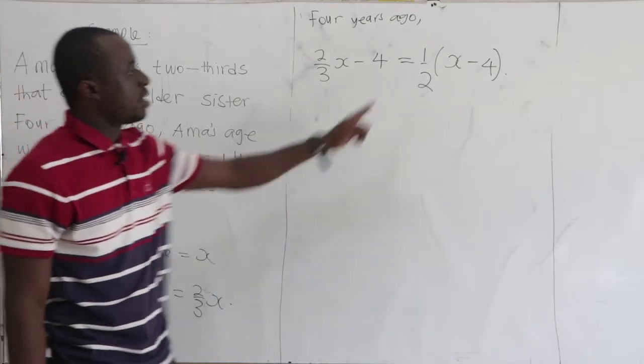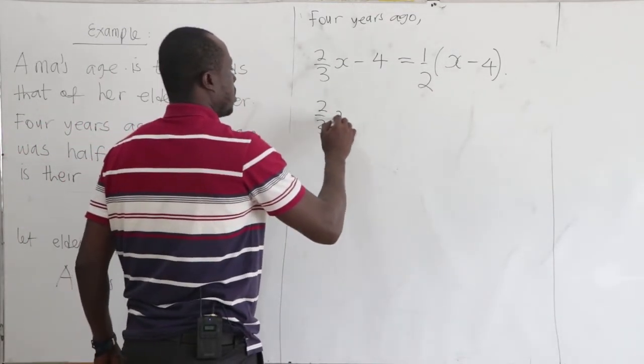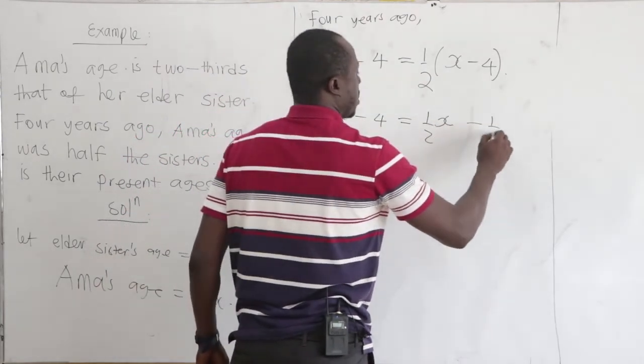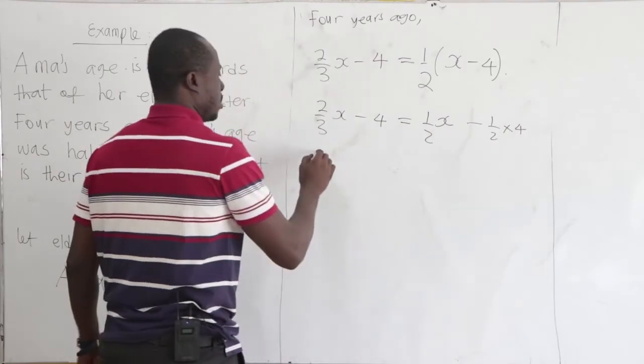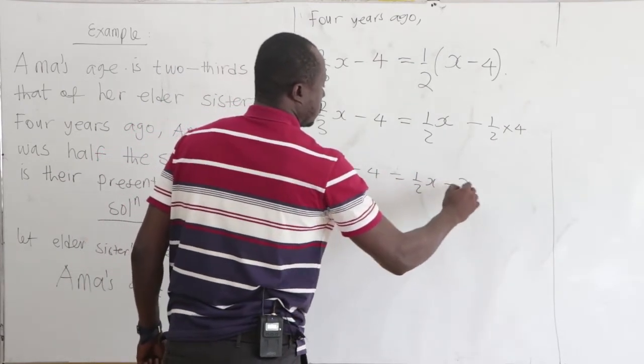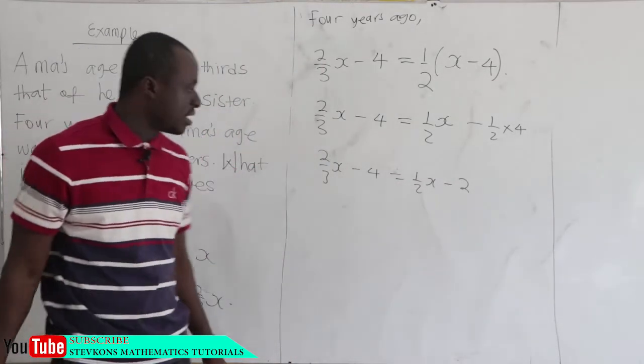Now from here, what do we do? We can expand it using the distributive property. So that is 2 over 3x minus 4 equal to half x minus half times 4. Now this is 2 over 3x minus 4, half x minus 2. Now what is the LCM? The LCM over here is 6.